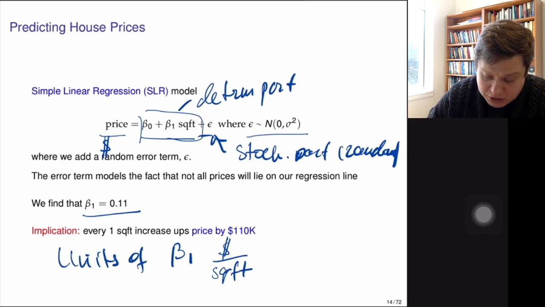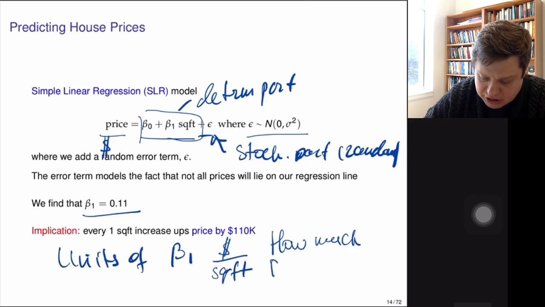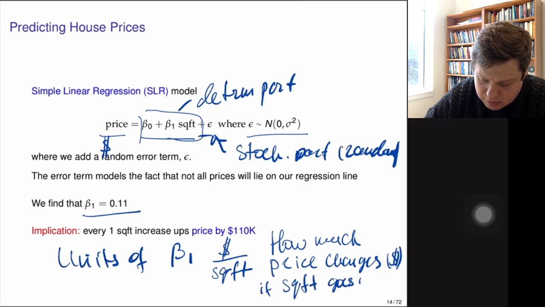If you multiply this by square feet, you get dollars. In other words, beta 1 measures how much price changes, and price is measured in dollars, if the square footage of the house goes up by 1.